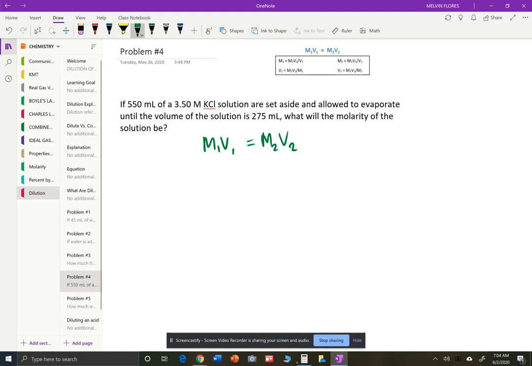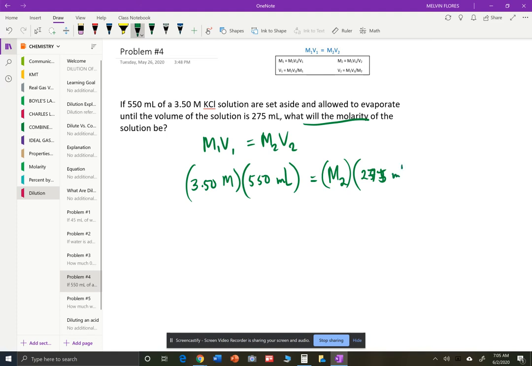So we have 3.50 molarity times V1, which is 550 ml, equals, we're looking for the concentration. It says here, what will the molarity be? So we're looking for M2 if the volume of the solution reaches 275 ml.